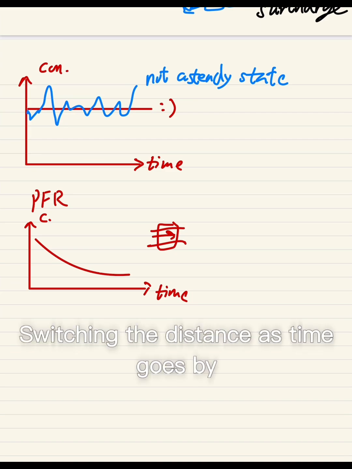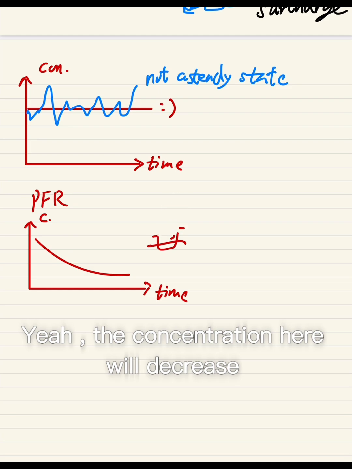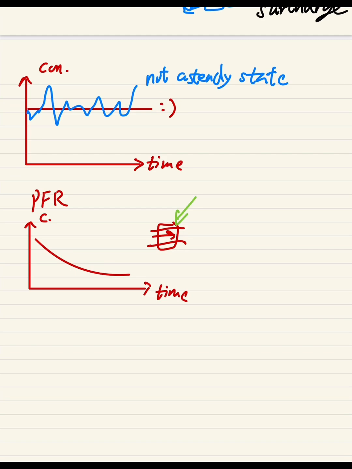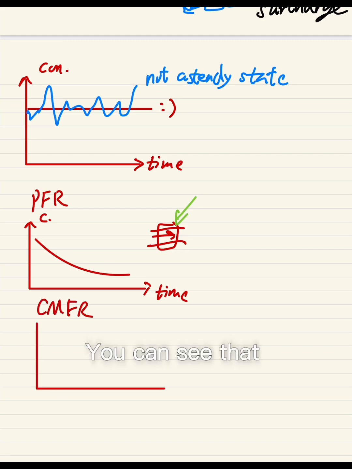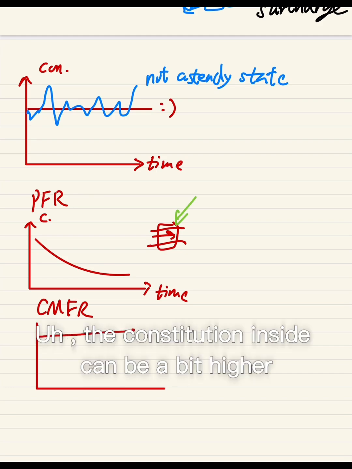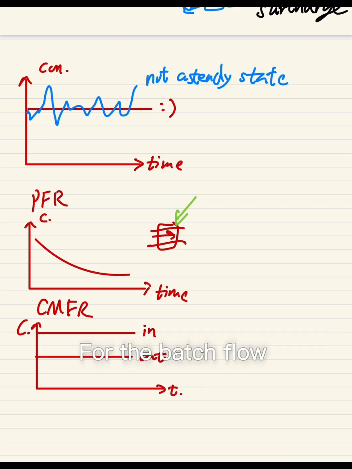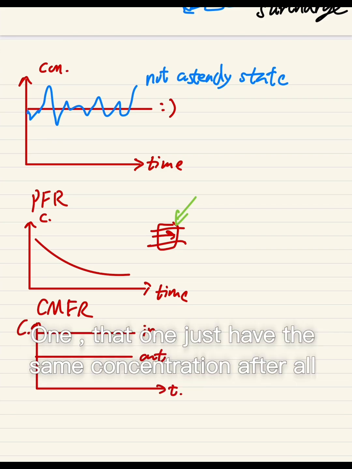Moving along the distance as time goes by, the concentration in this closed system will decrease. For the CMFR, the concentration inside can be a bit higher, and the concentration out is a bit lower. For the batch one, it just has the same concentration throughout.